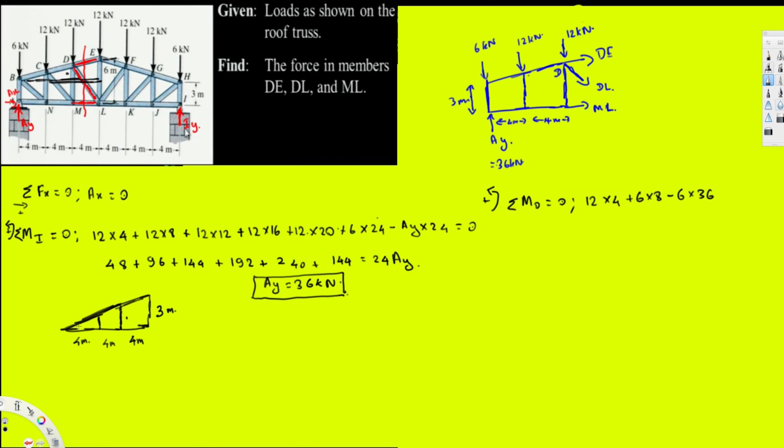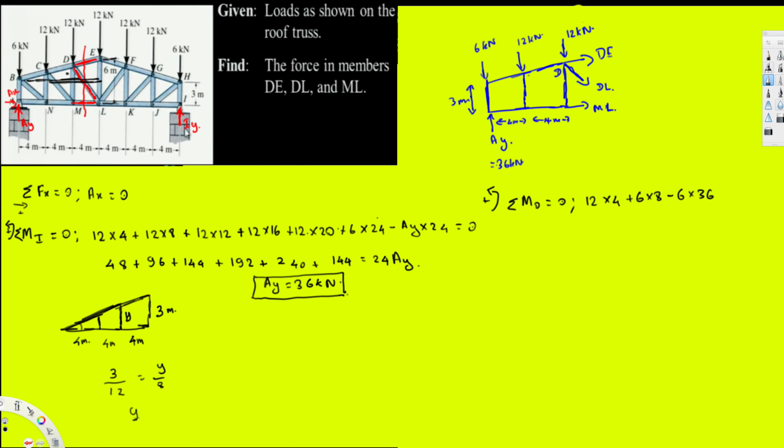This is a similar triangle, because it makes the same angle for all of these components. Let's call this one y. If I take the big triangle and the small triangle, I can find y. 3 over the total distance 12 equals y over the total distance 8.